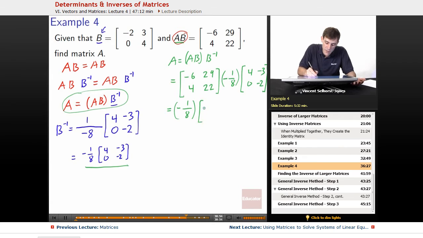So we've got negative 6, 29, 4, 22 times 4, negative 3, 0, negative 2, with that fraction still up at the front, negative 1/8 times whatever comes out of this. It'll come out to be a 2 by 2.